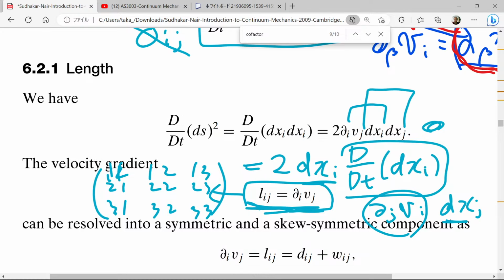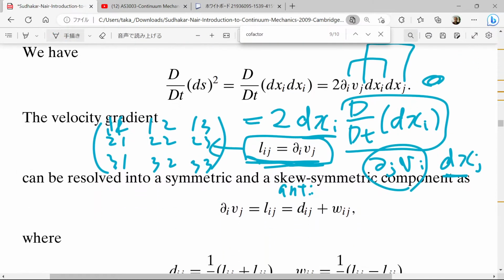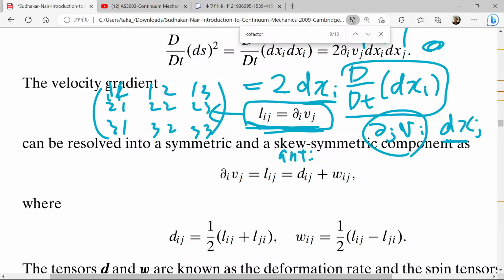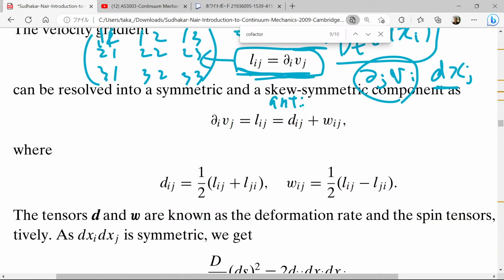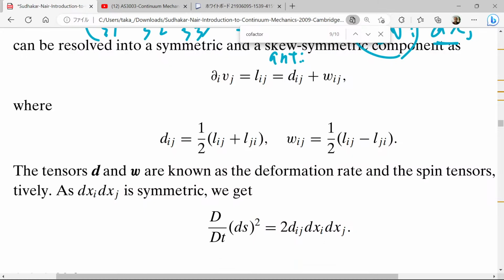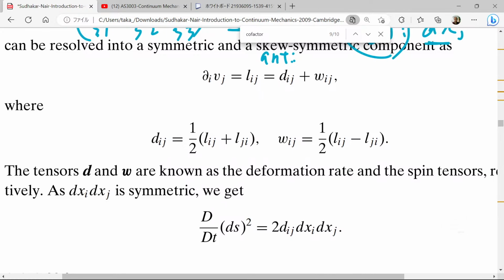The matrix can be decomposed into symmetric and skew symmetric, anti-symmetric part, right? So this D is a symmetric part. W is an anti-symmetric part, skew symmetric part. Tensor D and W are known as deformation rate and spin tensor, respectively.